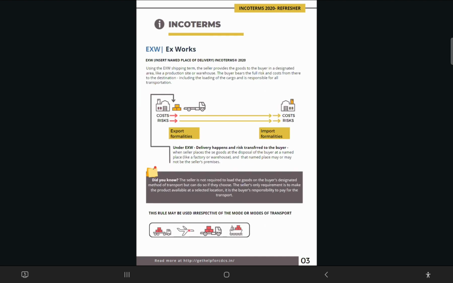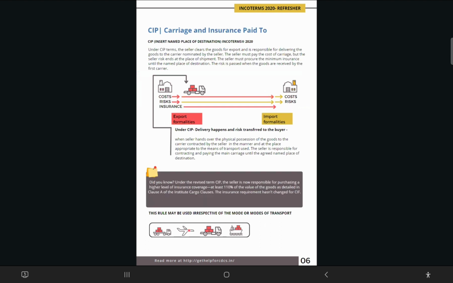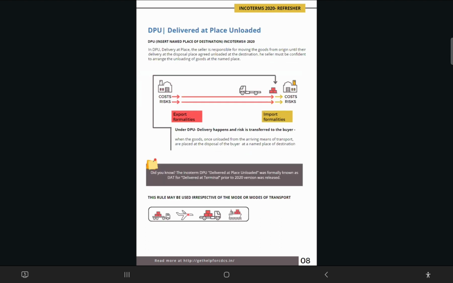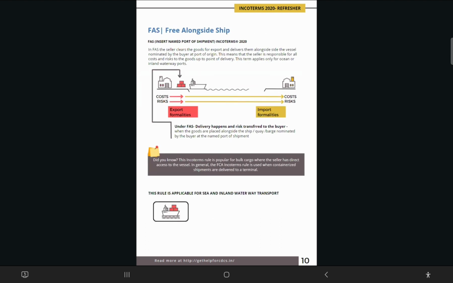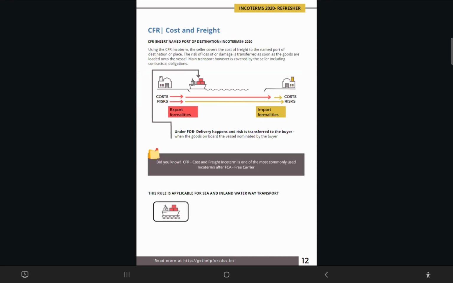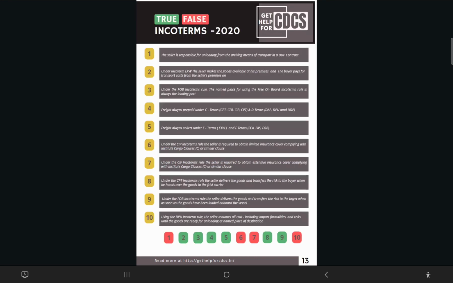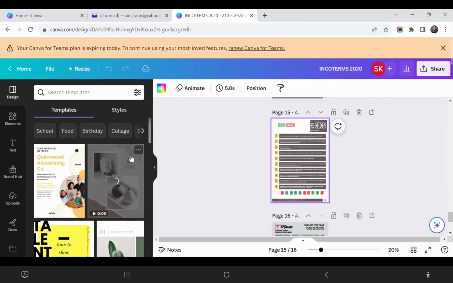Briefly, whatever we discussed, Ex Works and the way the delivery happens. There are some questions also. This I will share later. Before that, I want you to go through the ICC resource only.